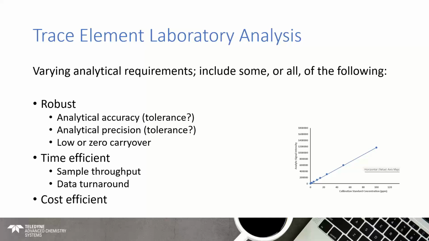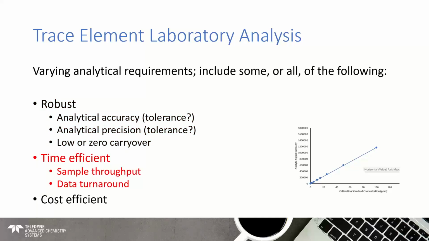They will require robust analysis, so there will be a focus on analytical accuracy and precision within a certain tolerance that's required for your analysis. There'll be a focus on cleanliness of analysis, looking for low or zero carryover, and that will feed into the accuracy and precision of the analysis. So robustness is something which is consistent with all trace element laboratories.